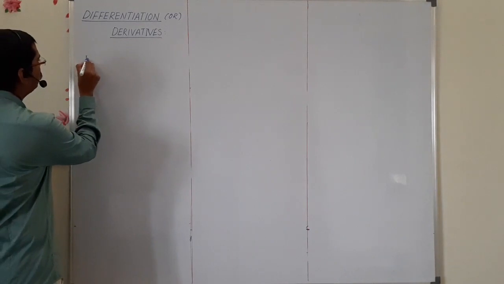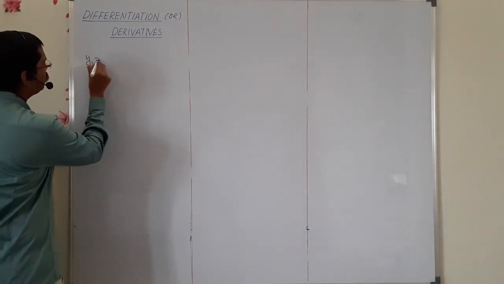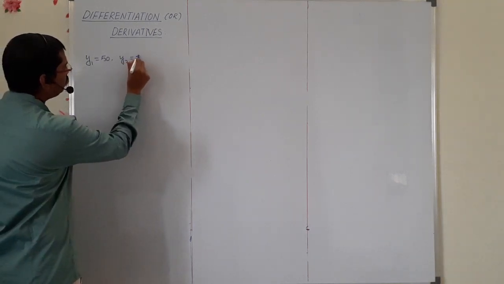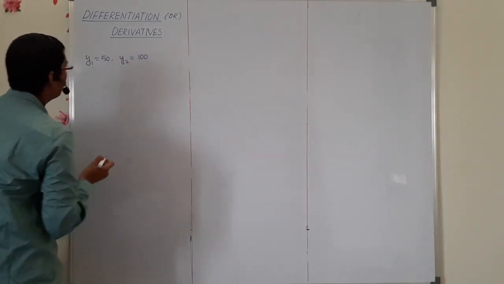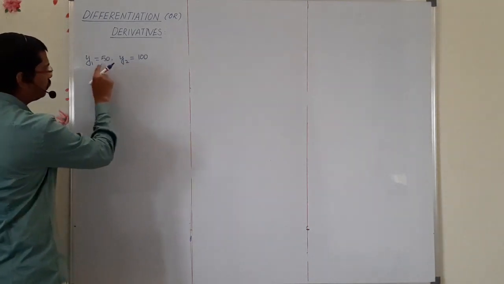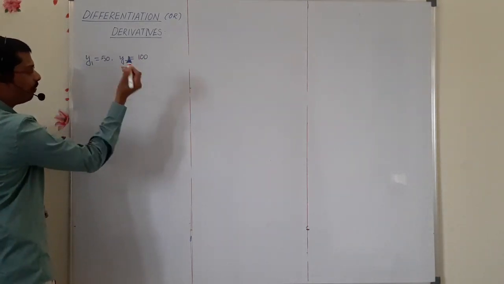Let us consider y1 is equal to 50 and y2 is equal to 100. Now you want to calculate the difference between the two values. The difference between 50 and 100 is a finite value.